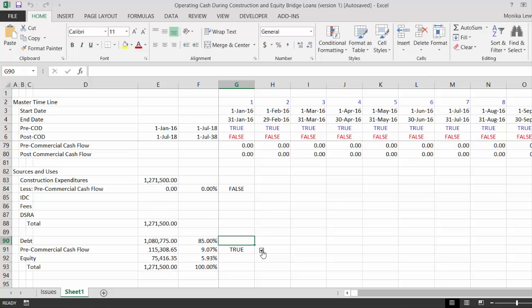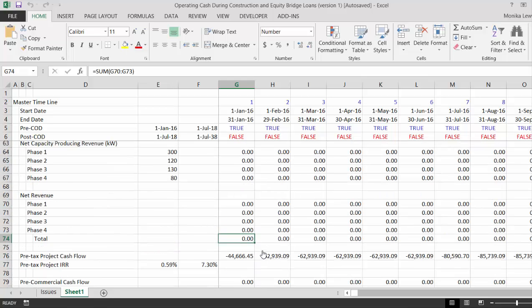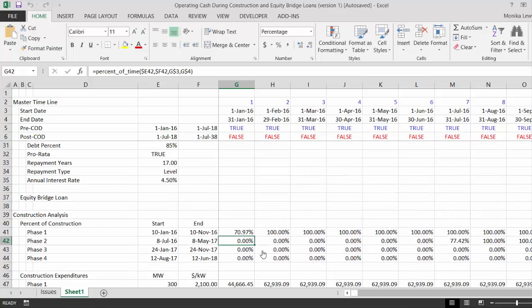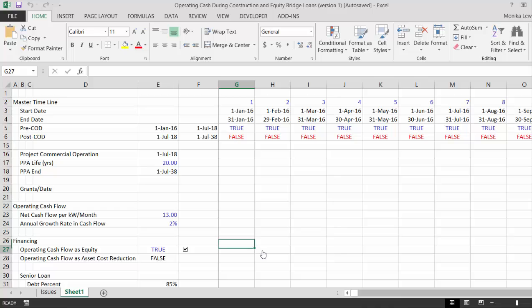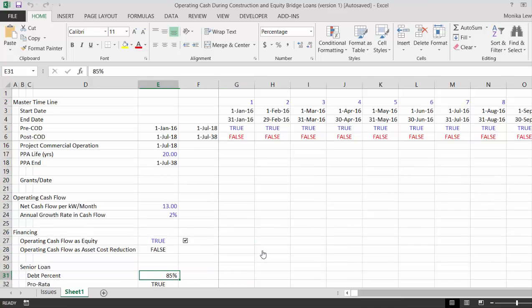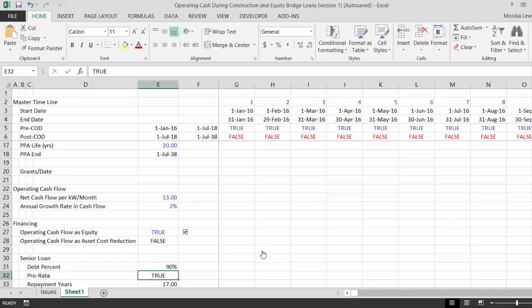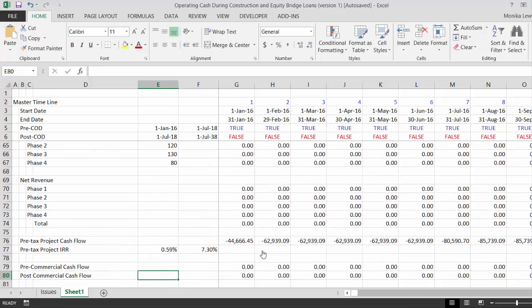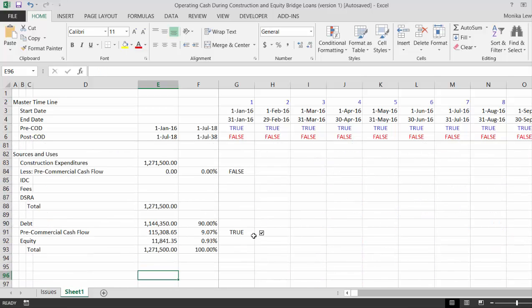Now, if we went even higher with our pre-operational cash flows, or if we put our loan percent to be 90%, we could get almost no equity, no real money in the project, none of our own money. We have no risk, we have no skin in the game.